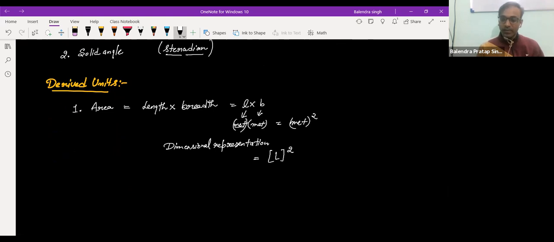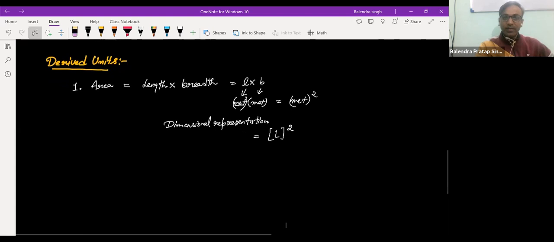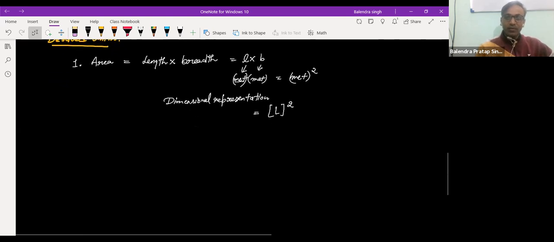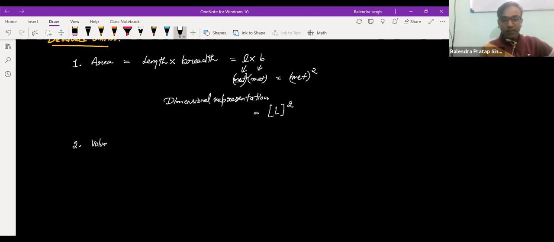If you have any doubt, then please ask, because these are very simple derived units. We will do some difficult ones, but first understand the simple one. Another is volume. How do you define volume? Length into breadth into height.